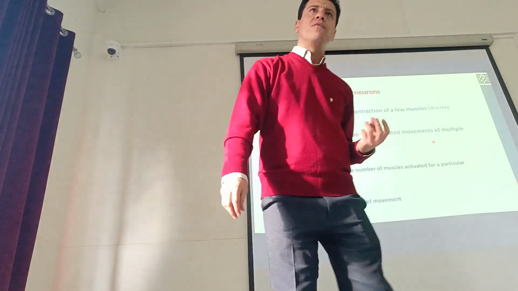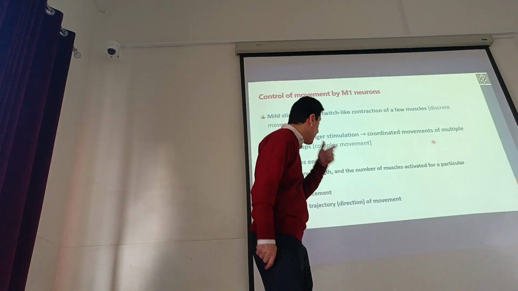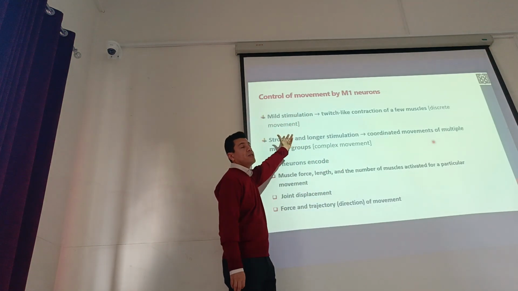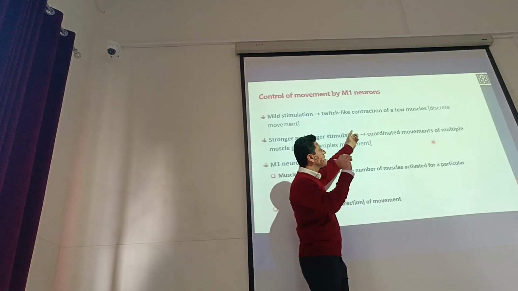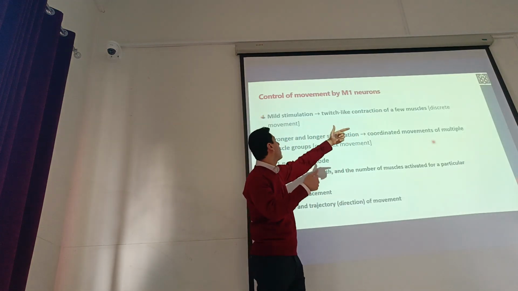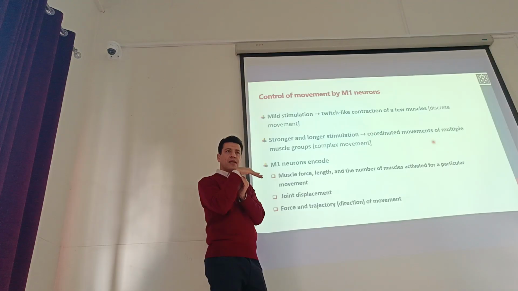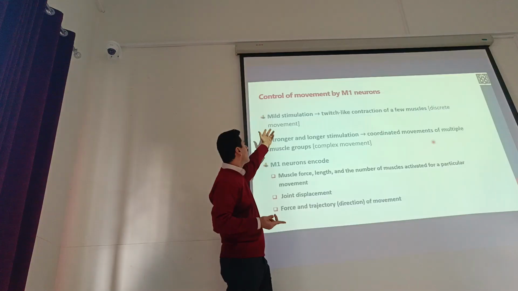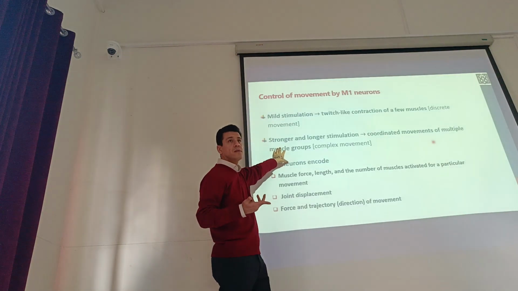What aspect of movement is controlled by the primary motor cortex? Here, if we stimulate neurons weakly, we'll see only a twitch, right? A twitch-like contraction of the muscle happens. Usually we call this discrete movement. A discrete movement is a movement that has a beginning and an end, right? But if we stimulate it more strongly, we'll see a complex movement.